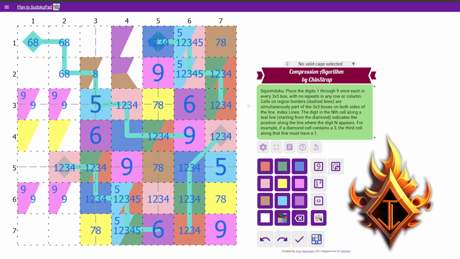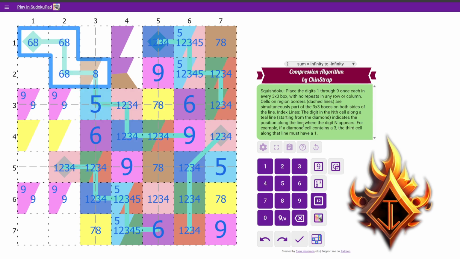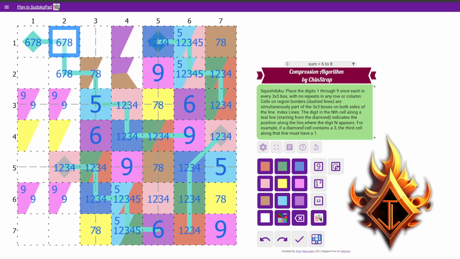Brown could still be 8. This is 1, 2, 3, 4. I've got that marked. This is 1, 2, 3, 4. So 7 is also in such a manner. I've got a 7, 8 pair in this row.